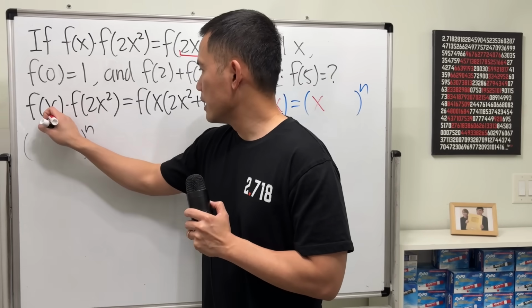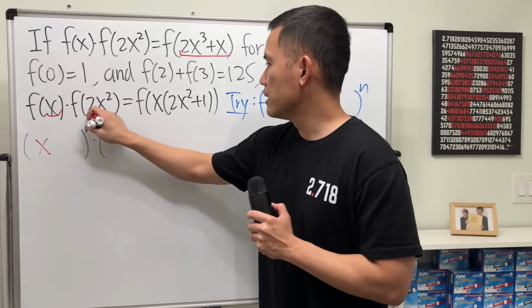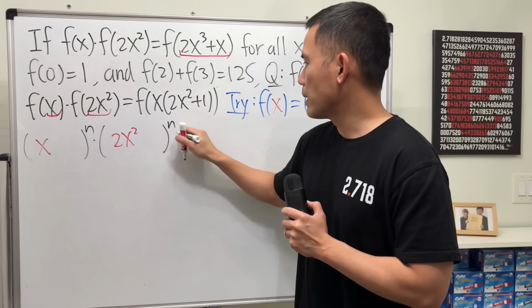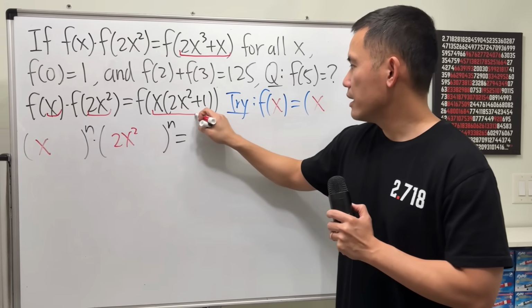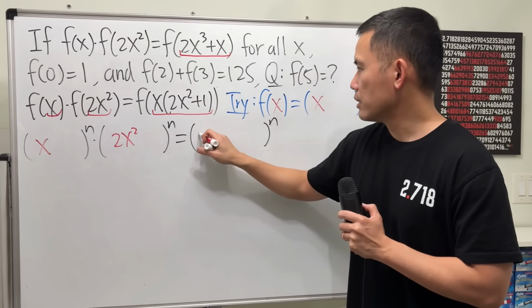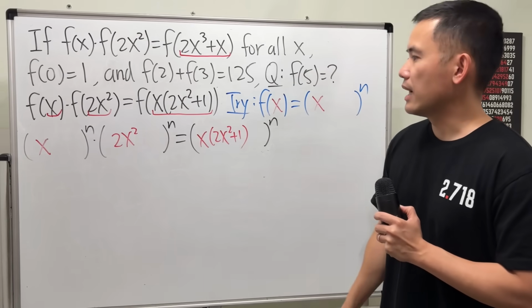So this is the input. And then this right here, we multiply by this input, which is 2x squared, to the nth power. And that will be equal to this thing. And you see, I will just put it here: x times (2x squared plus 1), like that.